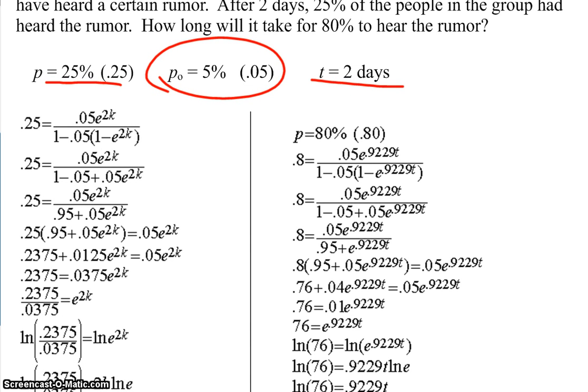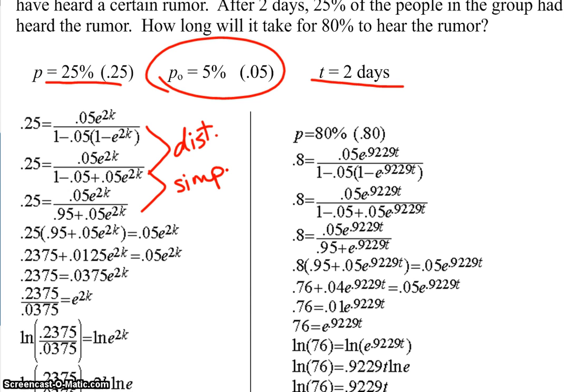You can see the work as we go. On the first line, it was a straight substitution. Between the first line and the second line, I did the distributive property. I distributed the negative 0.05 in the denominator. In the second line, all I did was combine like terms. I simplified the 1 minus 0.05.